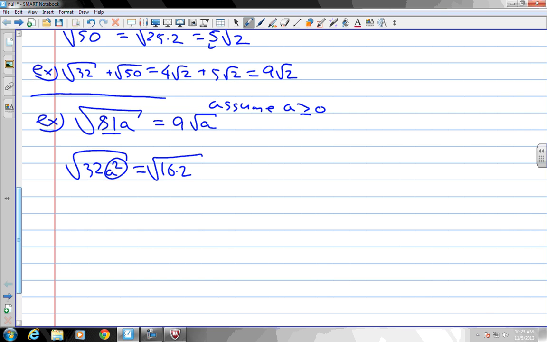What would the square root of a squared be? So I can take the square root of 16, that's 4. I can take the square root of a squared, that's a. But I cannot take the square root of 2, so I will have that square root of 2 attached here. So it's 4a square roots of 2. How is that? Does that make sense?